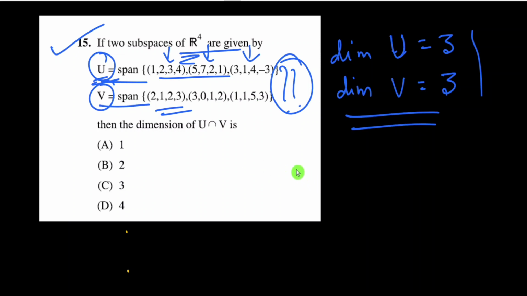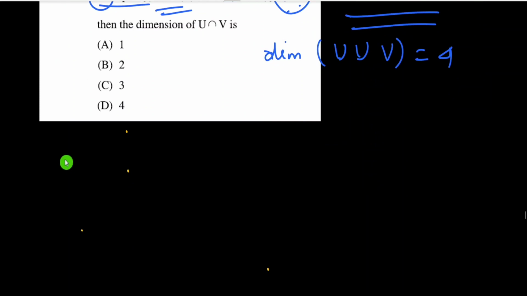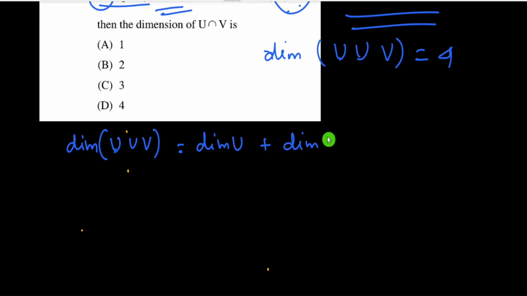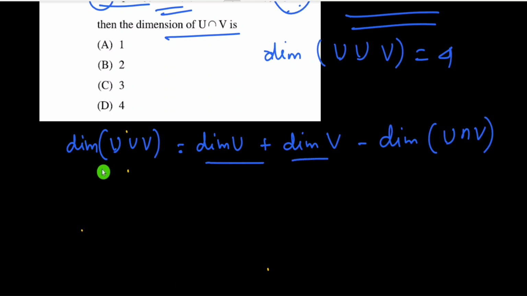Since U and V are two subspaces of R4, the dimension of U union V is equal to 4 here clearly. Now we apply a formula: dimension of U union V is equal to dimension of U plus dimension of V minus dimension of U intersection V. We have to find the dimension of U intersection V, and we already know the values of the other 3.